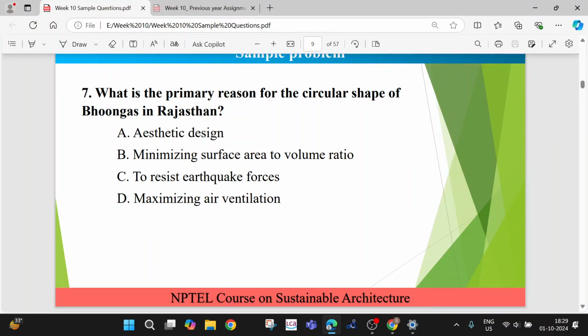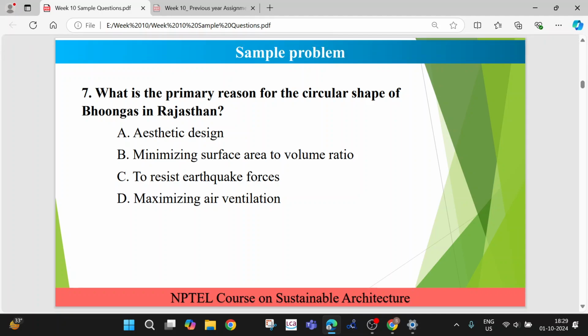As I was discussing earlier, it is talking about Rajasthan, like the ACBC climate zone finder study I was talking about just before starting the sample problems. There also you have seen we have to minimize the surface to volume ratio in order to avoid the heat gain.